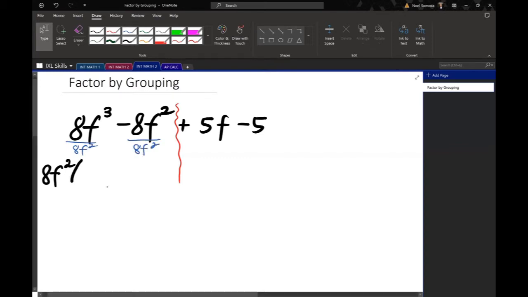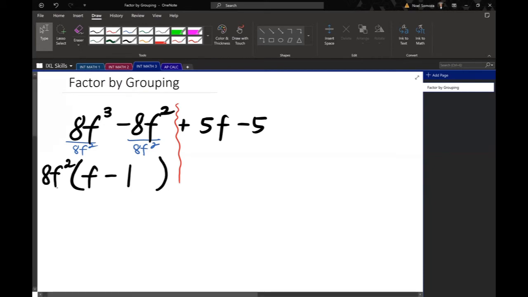As a result, what I'll have inside of my parentheses is f, because 8 divided by 8 is 1, and f to the third over f squared will just give us f, minus 8 divided by 8 is 1, f squared over f squared is also 1. So we end up with f minus 1 as the term inside the parentheses.